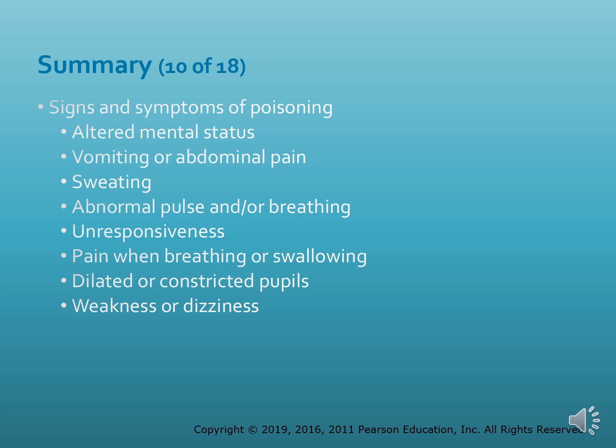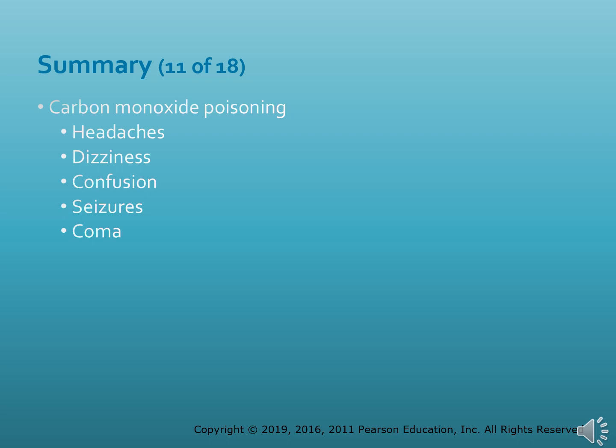Signs and symptoms of poisoning can include altered mental status, vomiting or abdominal pain, sweating, abnormal pulse and or breathing, unresponsiveness, pain when breathing or swallowing, dilated or constricted pupils, and weakness or dizziness. Carbon monoxide poisoning can cause headaches, dizziness, confusion, seizures, and coma.